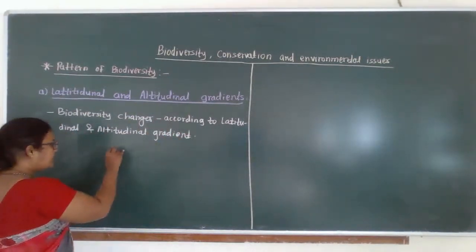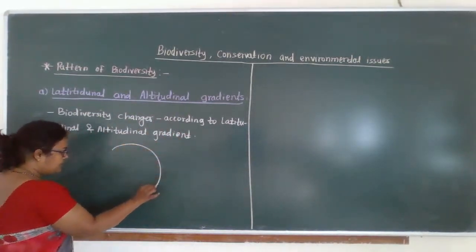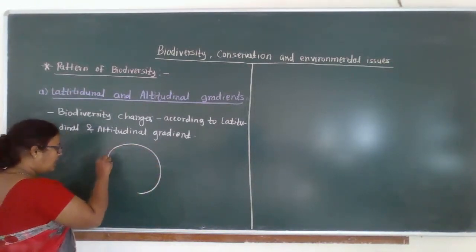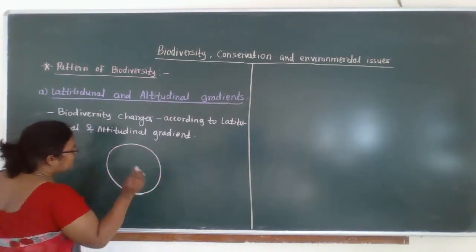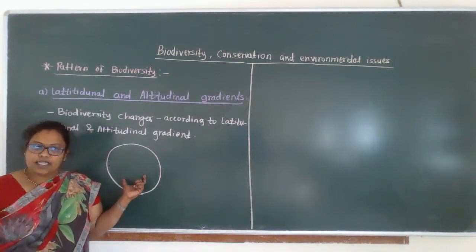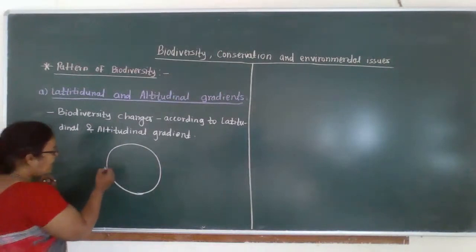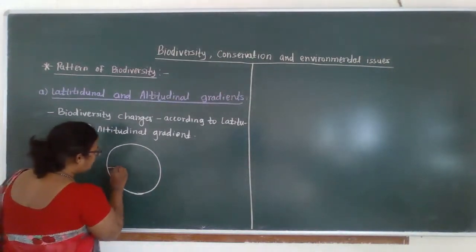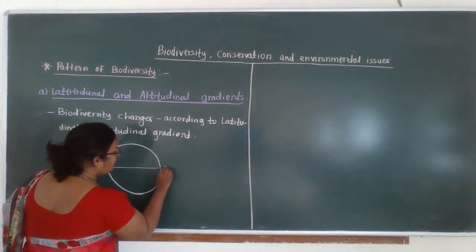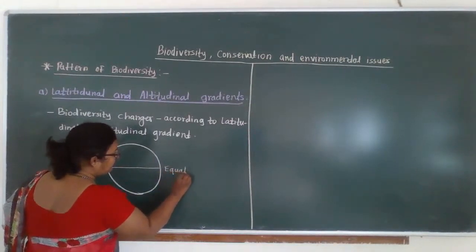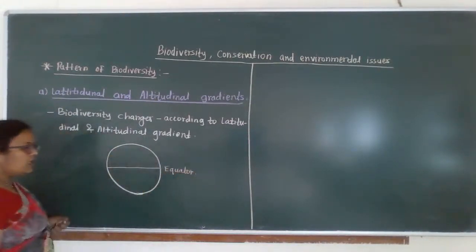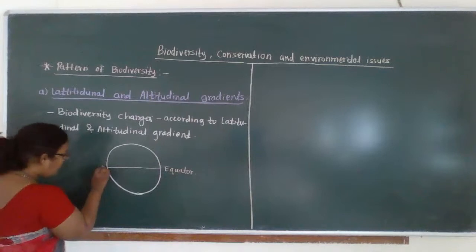Okay, so consider this is our Earth. The biodiversity distribution is not even. Everyone knows that. So this is the equator of the Earth, right?